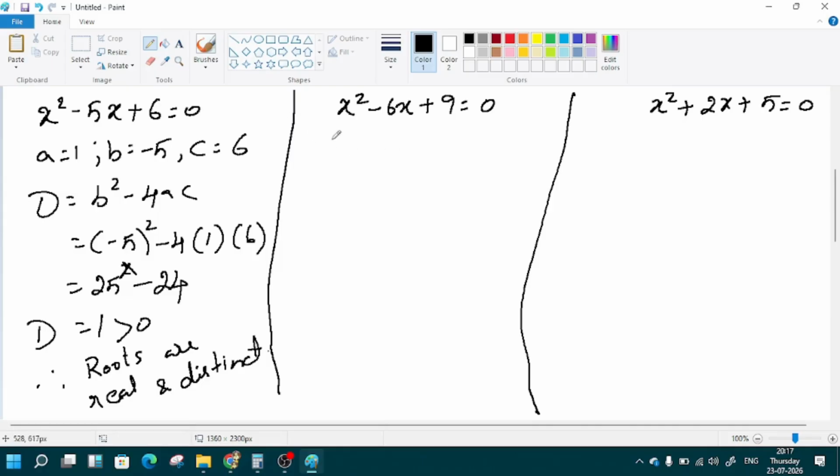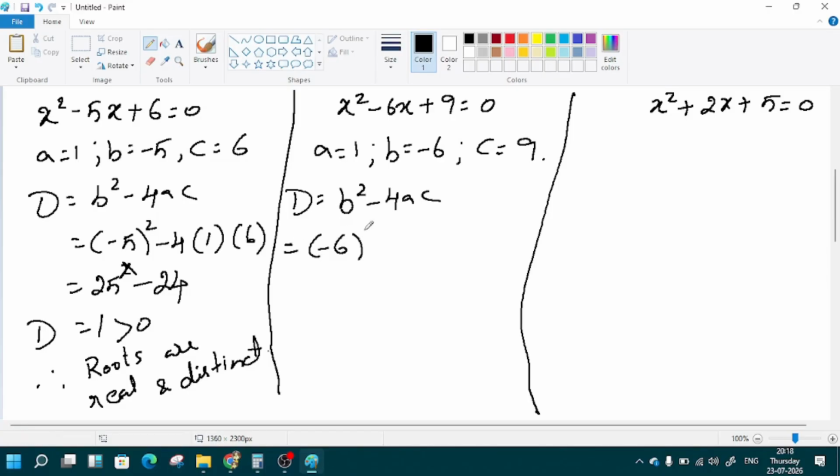Now let's solve the second example. Here a is equal to 1, b is equal to -6 and c is equal to 9. I am going to find D again, that is b square minus 4ac. Every time you solve a problem, write the formula. So b square is (-6) square minus 4 into 1 into 9.